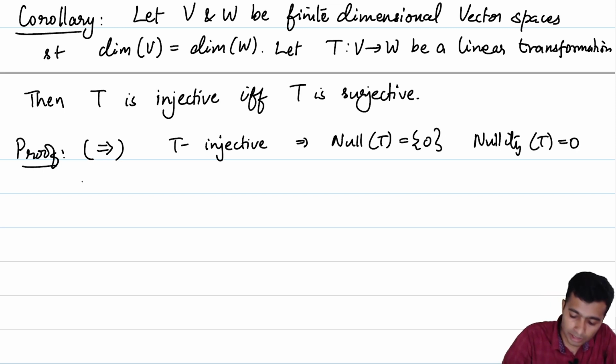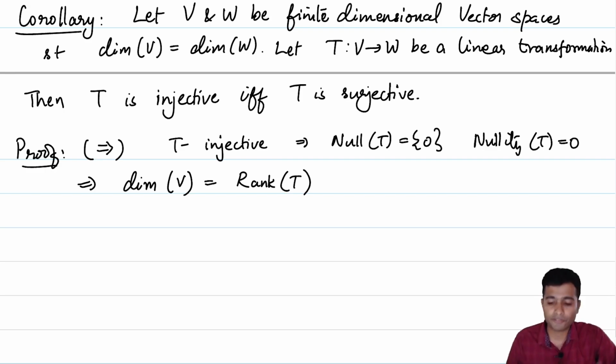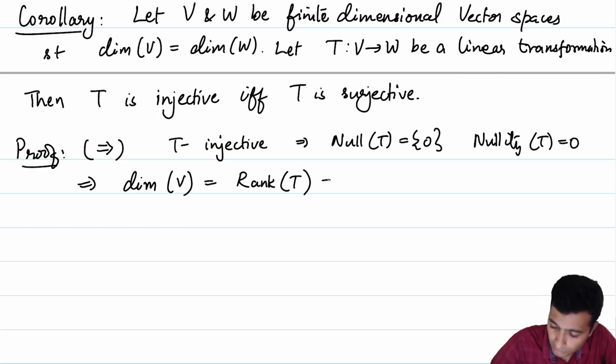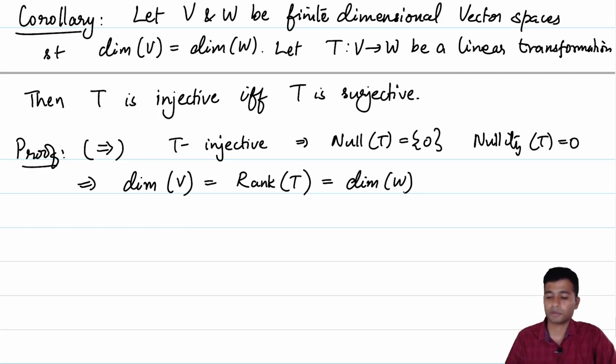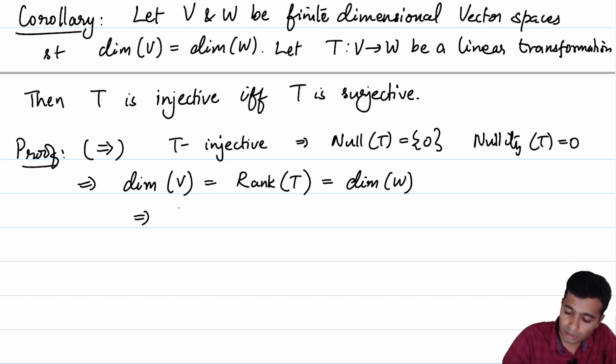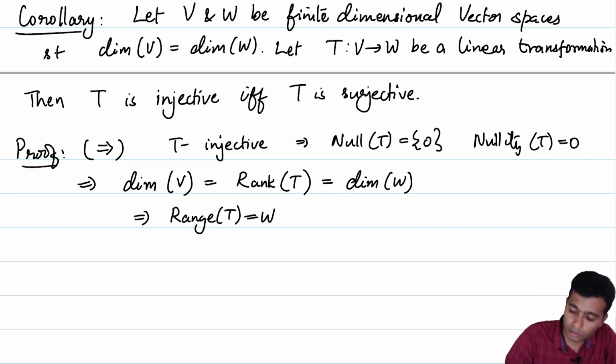So the dimension theorem tells us that the dimension of V is equal to the rank of T. But the dimension of V is equal to the dimension of W by the very hypothesis of this corollary. So we have a vector subspace of W which has the same dimension as W, and this implies the range of T is equal to W, which implies T is surjective.